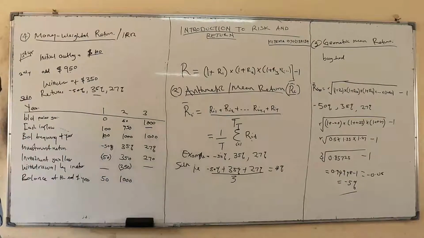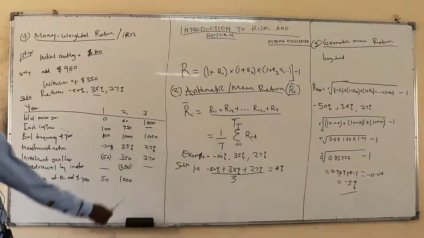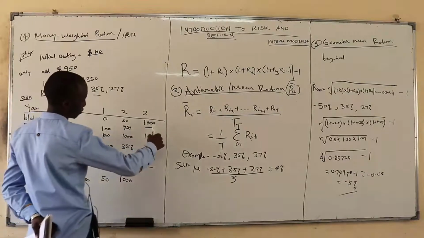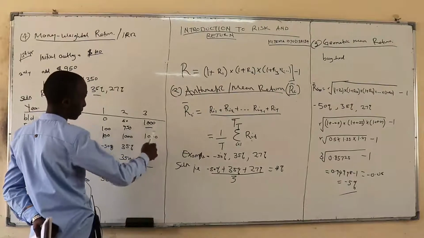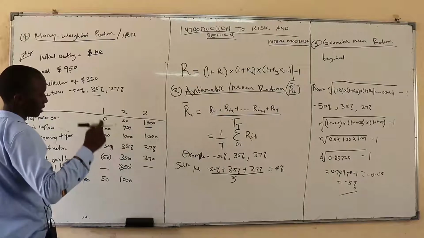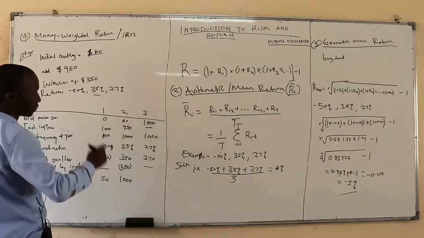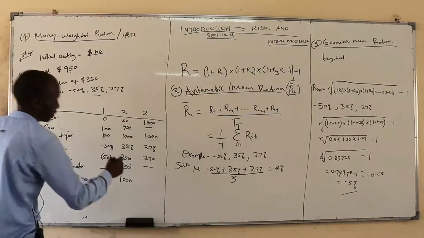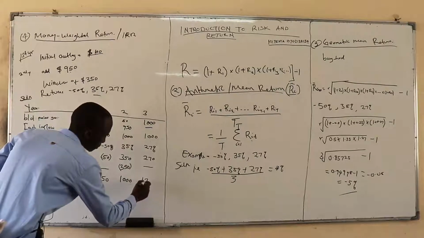Then the balance at the end of the year is the balance at the beginning of the year plus the gain in that specific year, which is 270. You find it's $1,270.